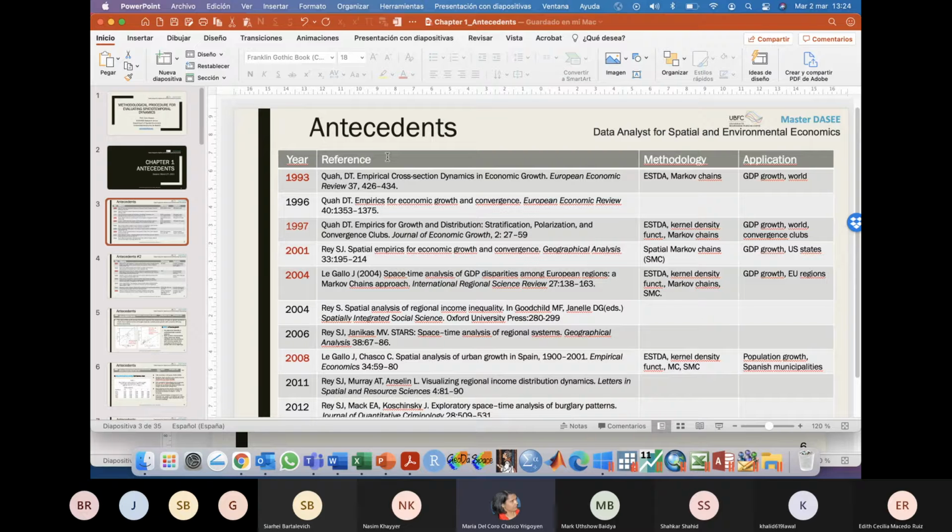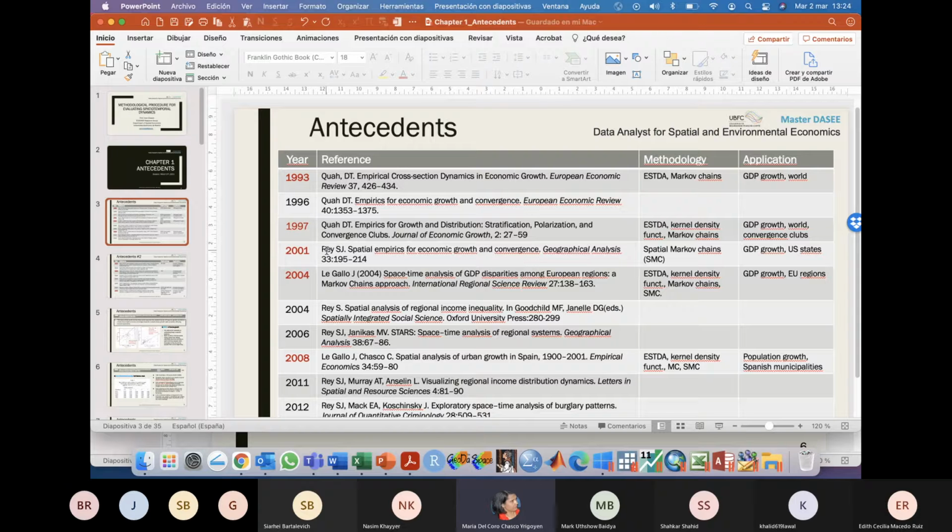They have applications of part of this method. So I will present a broader amount of tools, not only the ones that are specifically introduced in these papers. These papers, particularly the first ones, are only using exploratory analysis and Markov chain, for instance.